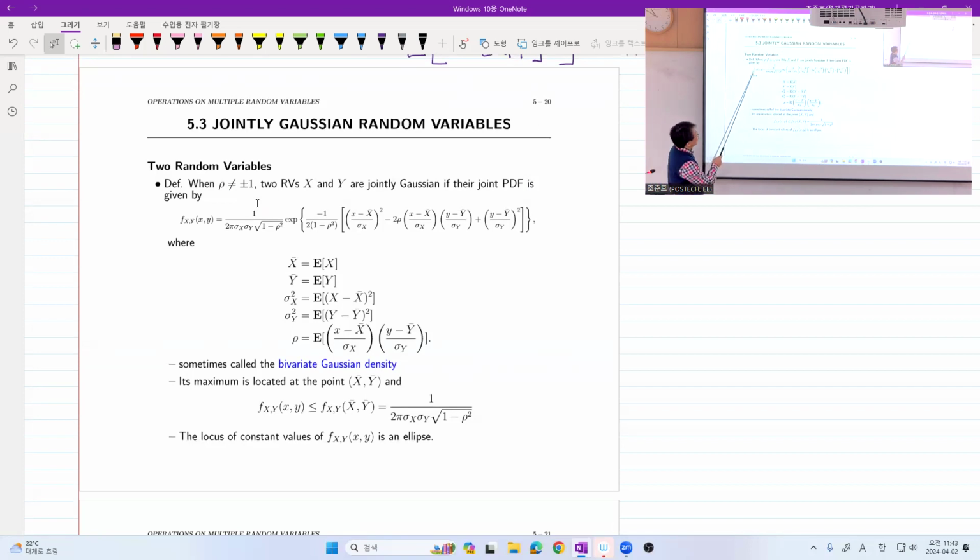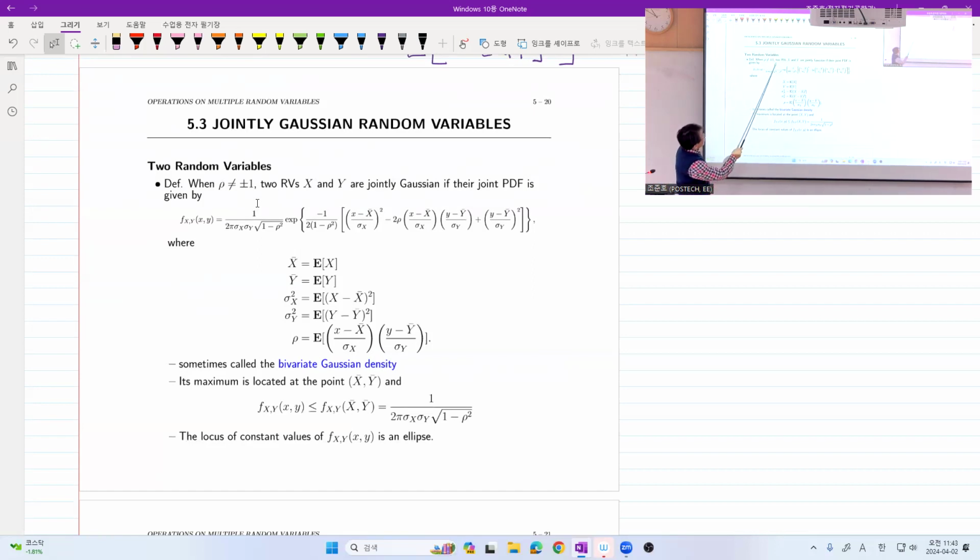The joint density of X and Y when the correlation coefficient is neither 1 nor -1. Because here in the denominators, we have 1 minus rho squared. So rho cannot be plus minus 1. Got it?